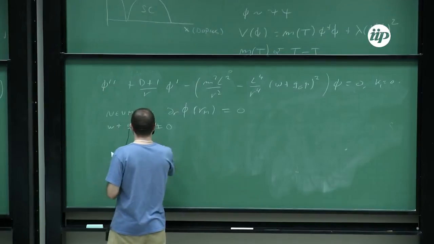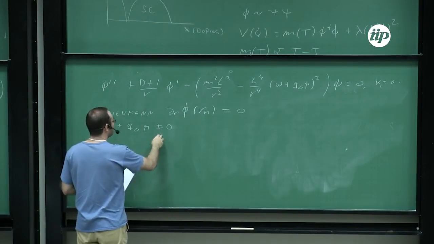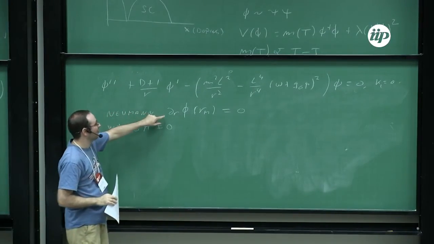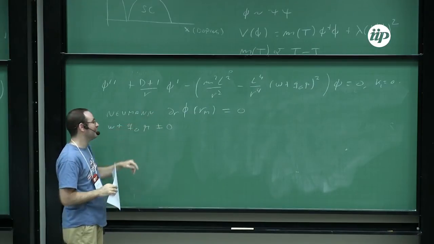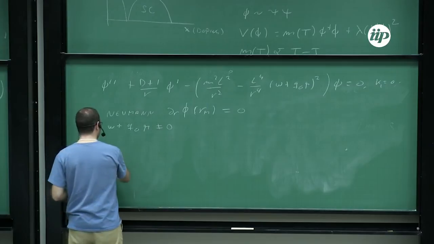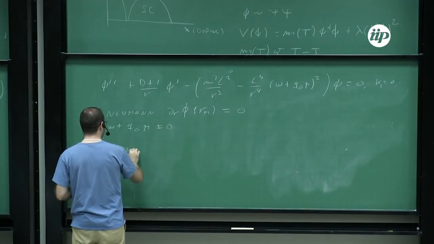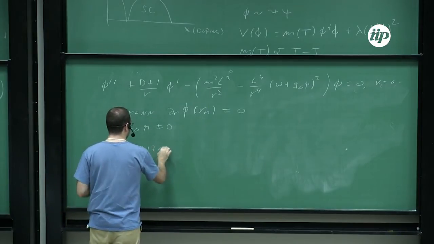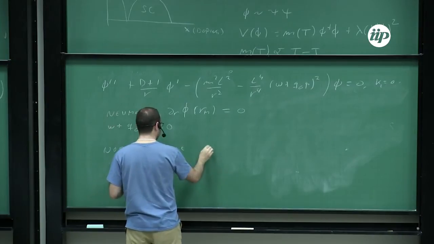So then, if this is equal to 0, then there is no normalizable solution satisfying the Neumann boundary condition. If this is different than 0, the normalizable solutions look like this. They are Bessel functions, essentially.